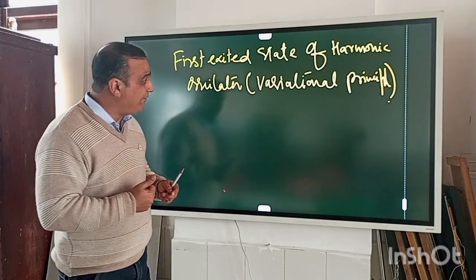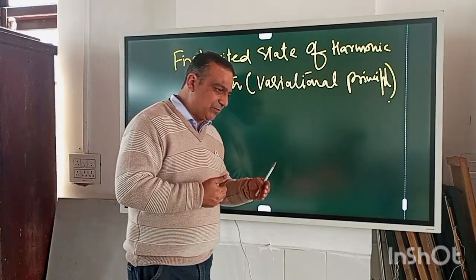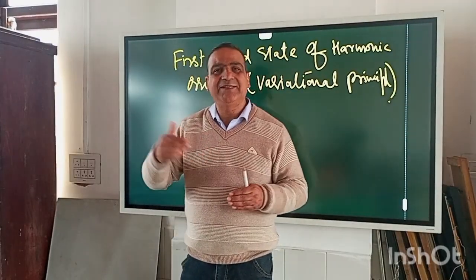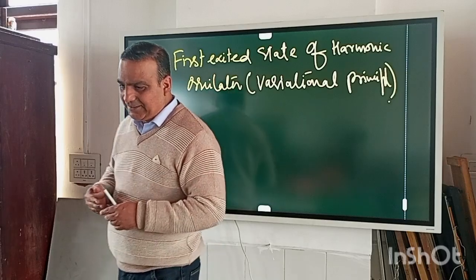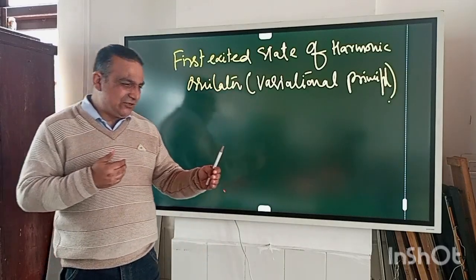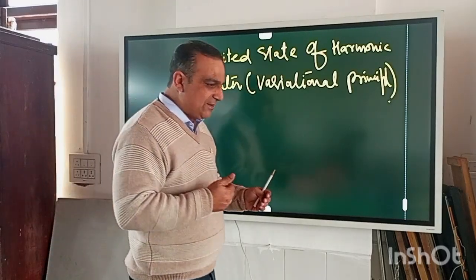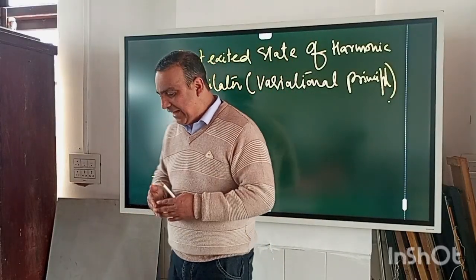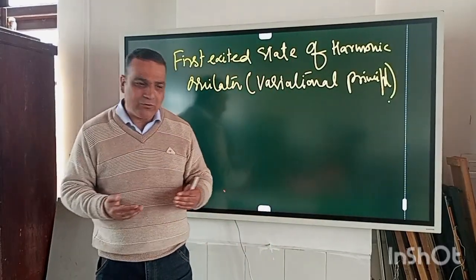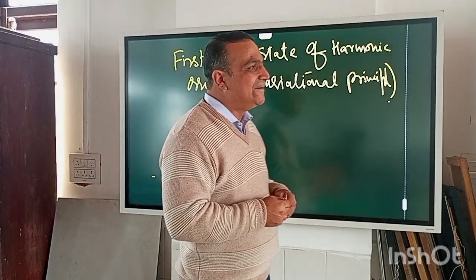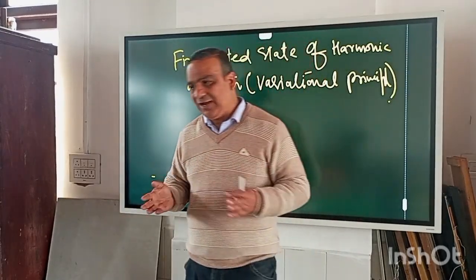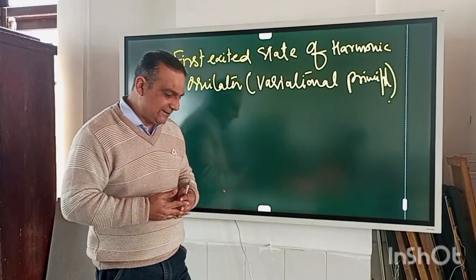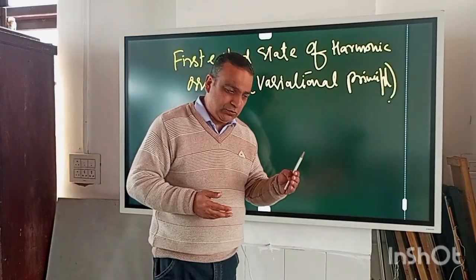Since we are talking about the first excited state of the harmonic oscillator, there is a need to have a trial wave function in which we will have one node. As was the case when we talked about the ground state, we chose a trial wave function where we don't have any node.